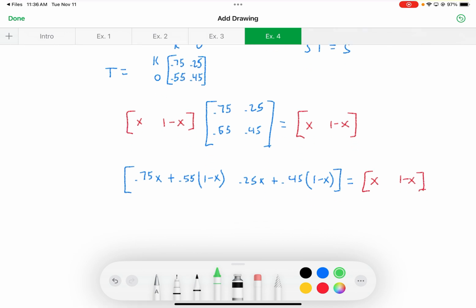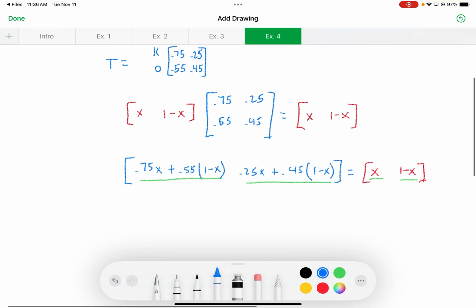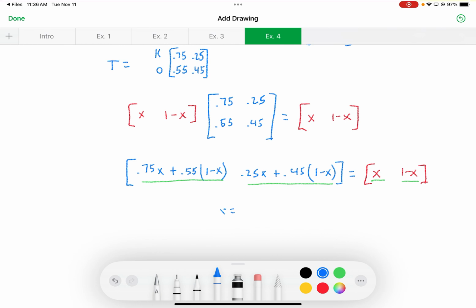Now we're running short on time, but if you set that element equal to that, this element equal to that, you can solve for x, and either way, x should solve out to being 0.6875. You can check my math later.